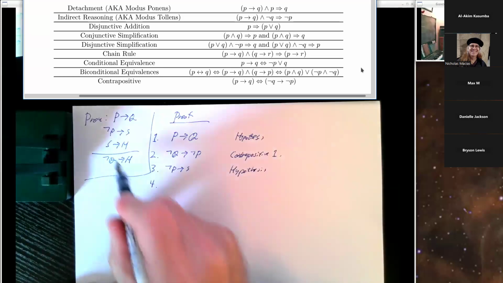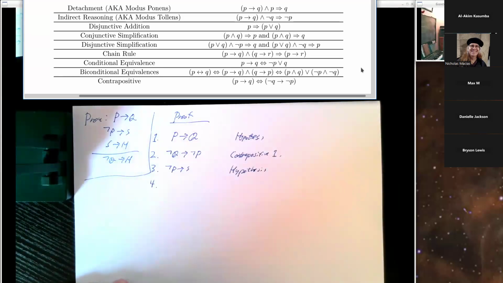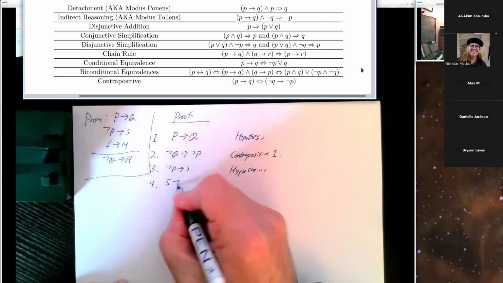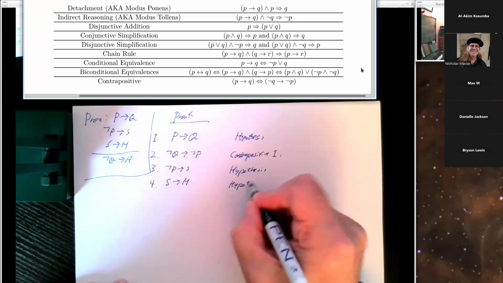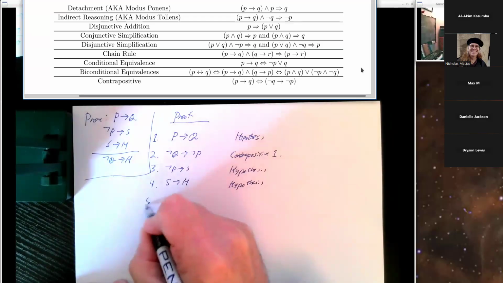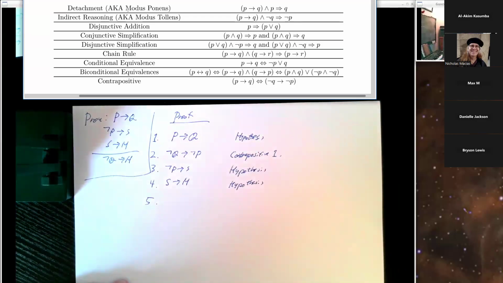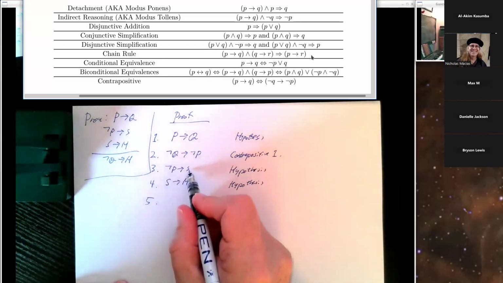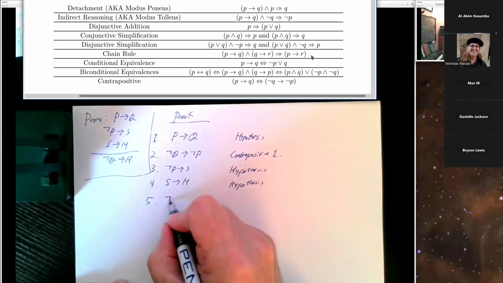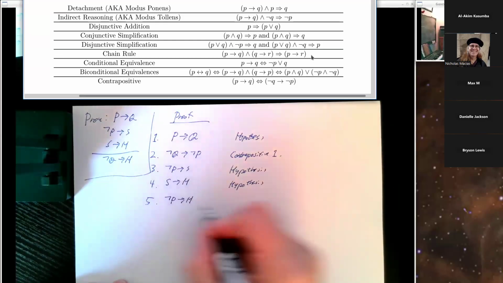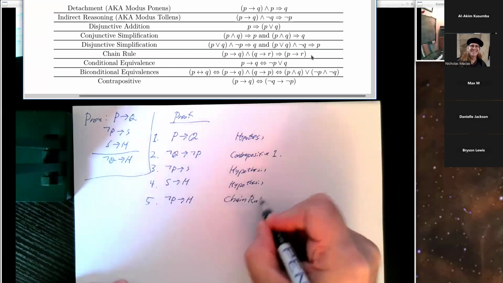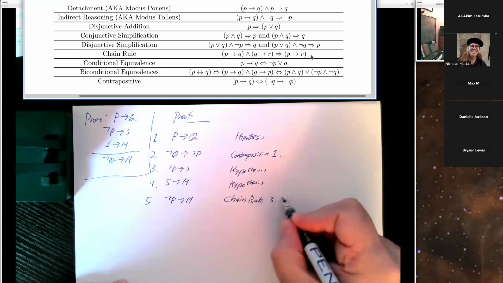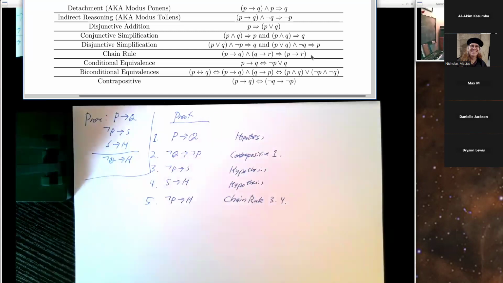And then I think you're chaining that together with S implies H. So let's state S implies H. That's a hypothesis. And now I can use this chain rule and say, since not P implies S and S implies H, not P implies H. And my reason, my justification, is the chain rule applied to propositions 3 and 4.